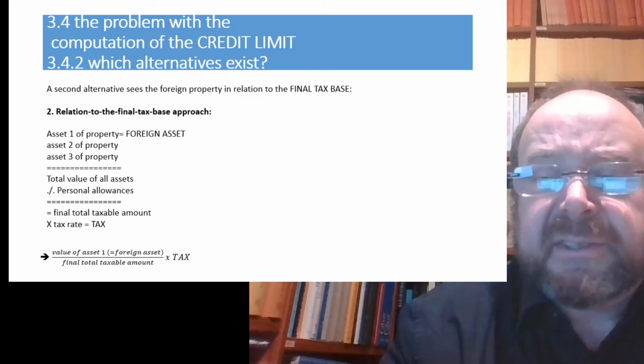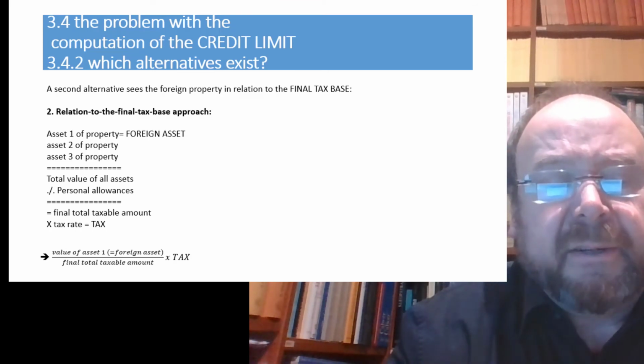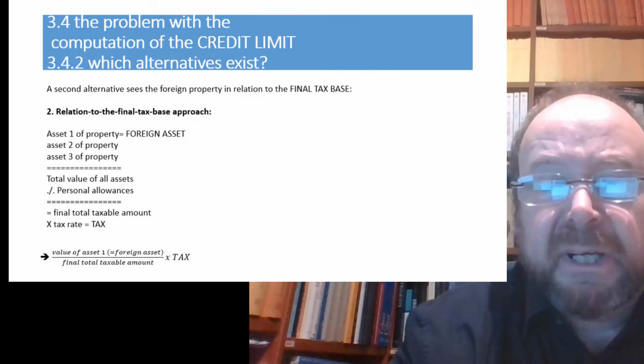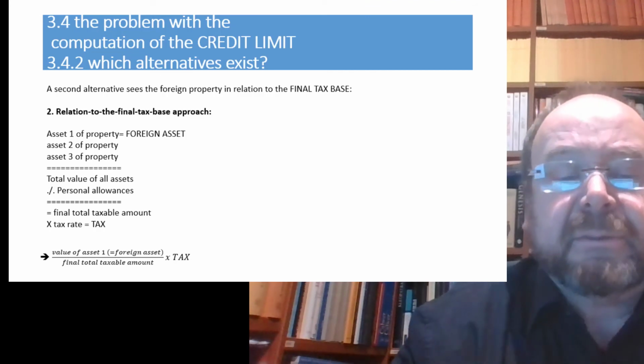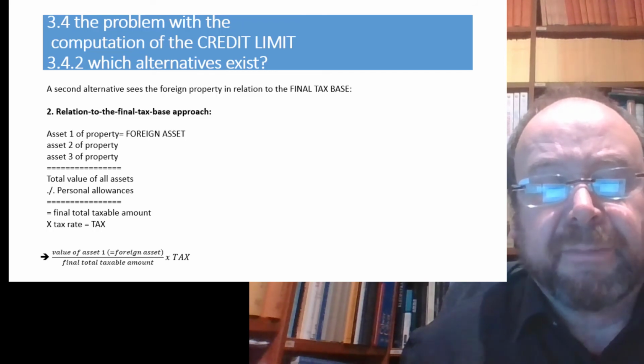You might also, that is a different approach, compare the relation of the foreign asset to the final total taxable amount. So to the final tax base after the personal allowances and so on.